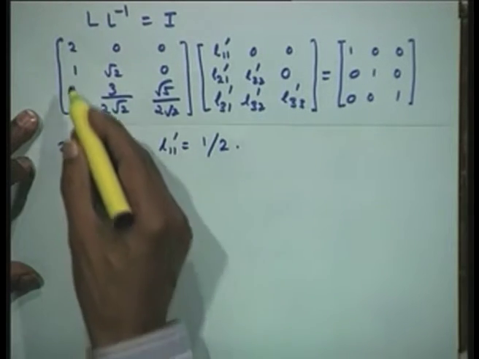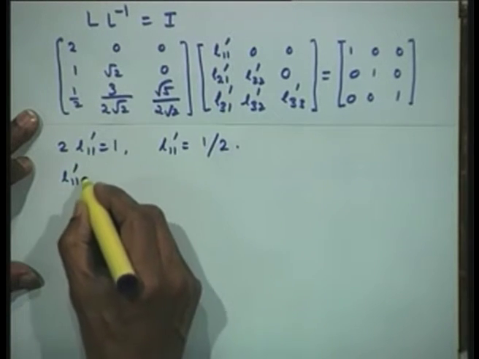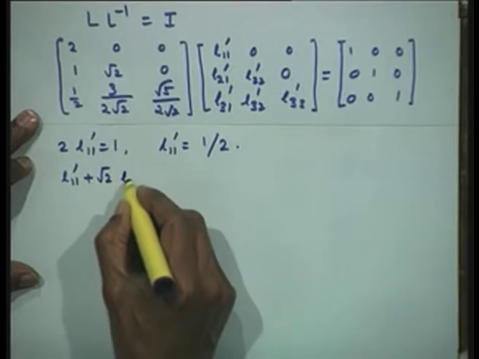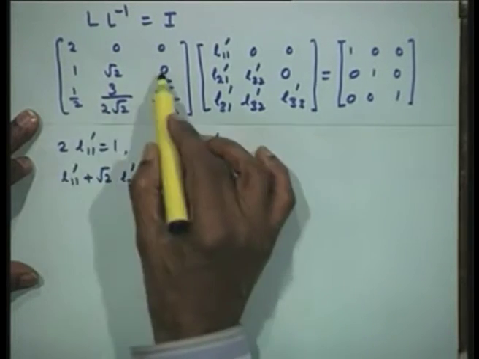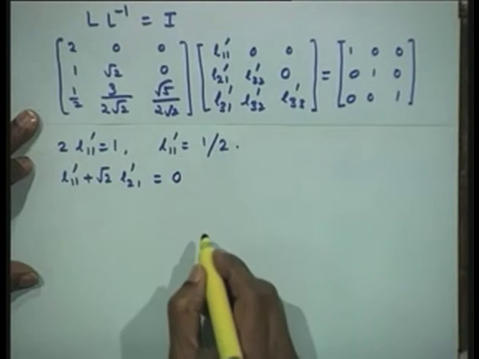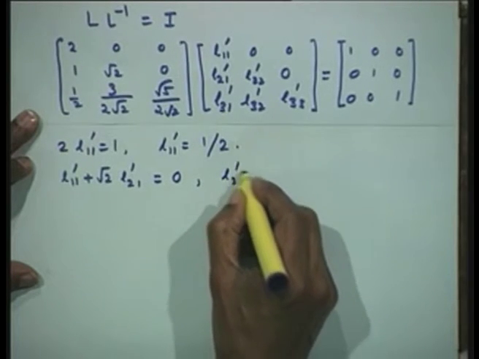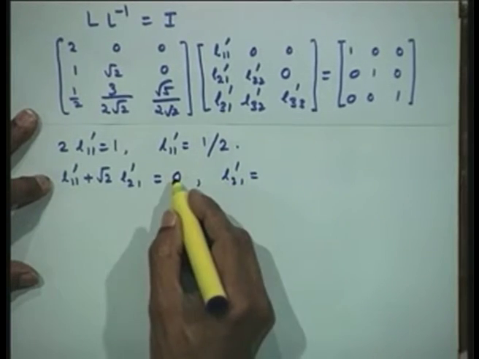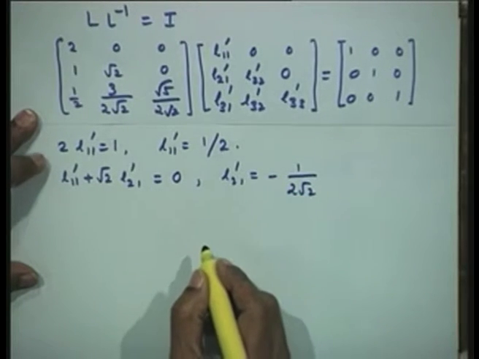Then we multiply the second row and the first column, so that I will have L11 dashed plus root 2 L21 dashed, that should be equal to 0. Therefore L21 dashed, now L11 dashed goes to the right hand side, so I will have minus 1 upon 2 root 2.